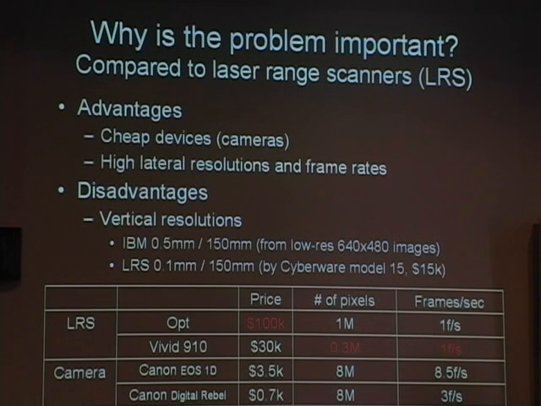While if you pick one laser range scanner brand here, which costs about $15,000, then according to their spec, the accuracy of depth measurement is 0.1 millimeter for an object of about 15 centimeters.